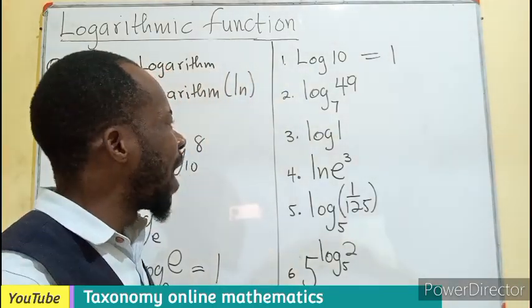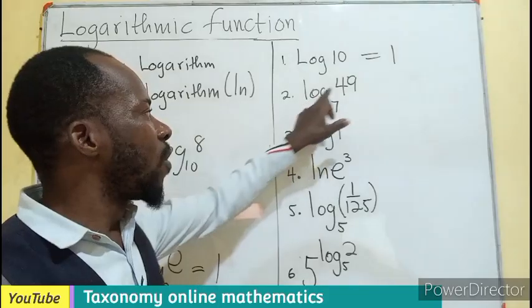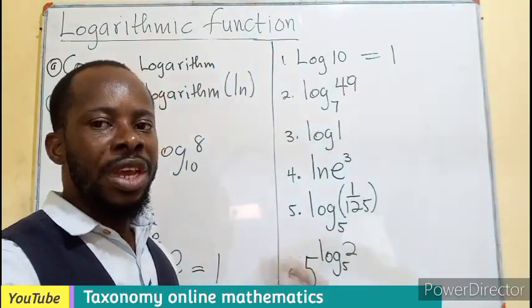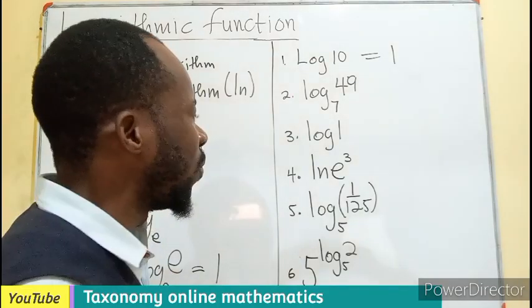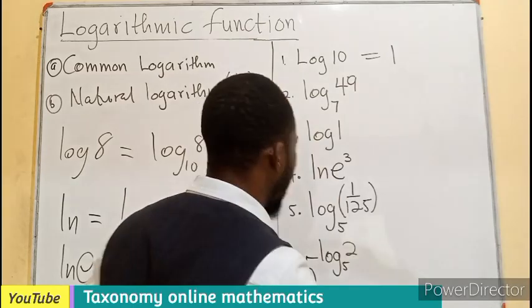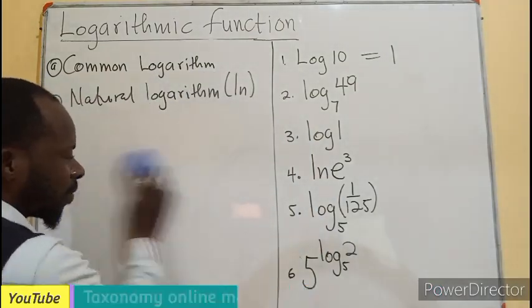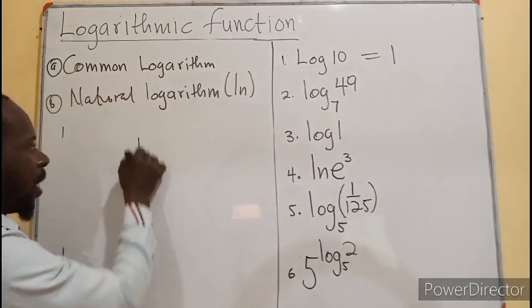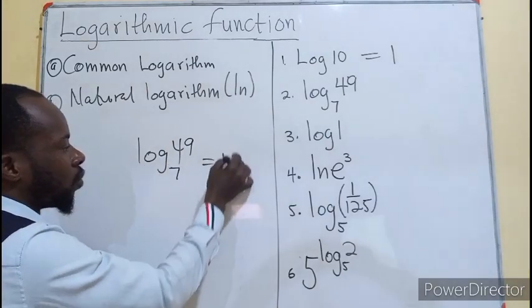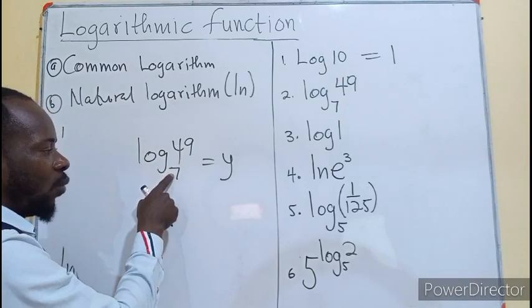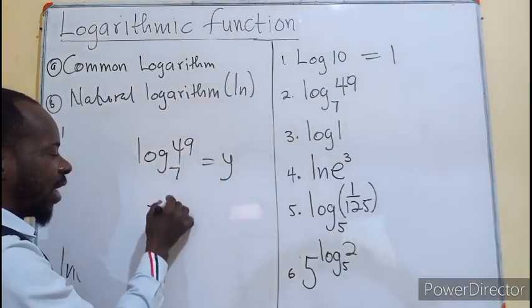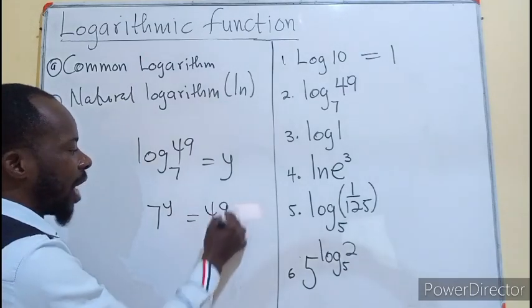All right. Then we have the logarithm of 49 base 7. What did we do in the previous episode? We said that we can equate this logarithm to become a function, in the sense that I have the logarithm of 49 base 7 equals y. So right away, we can let this be the base, taking y as the exponent, equals 49.